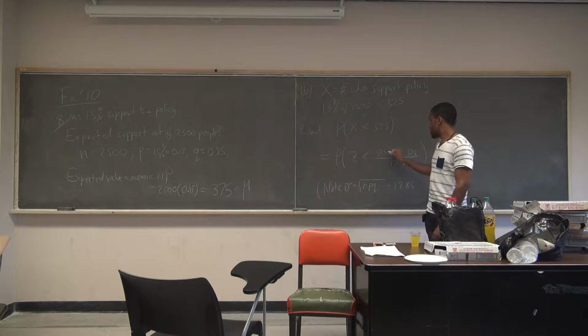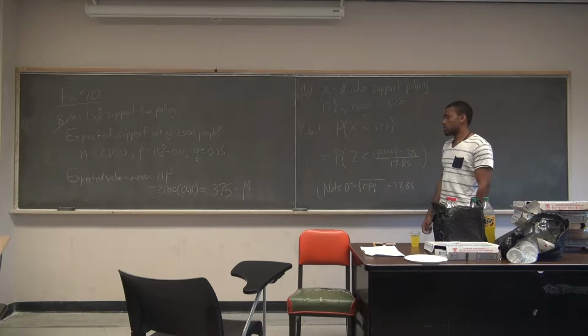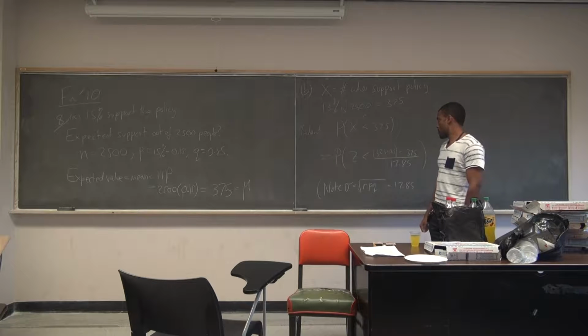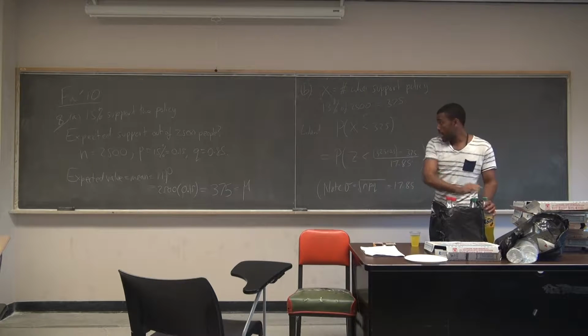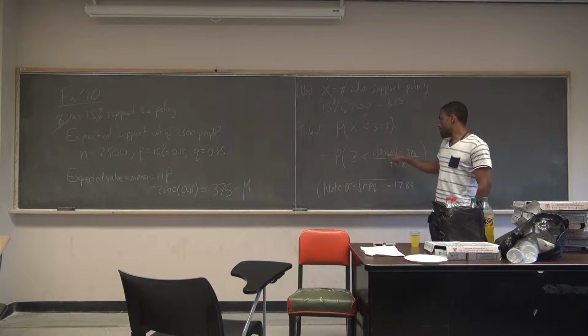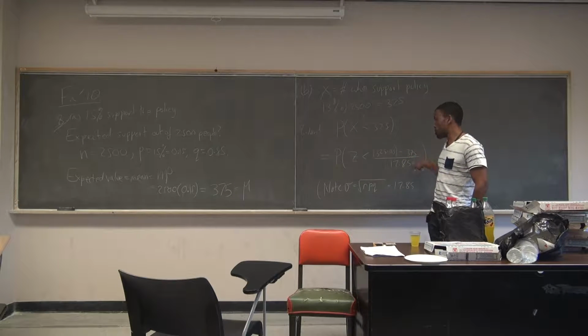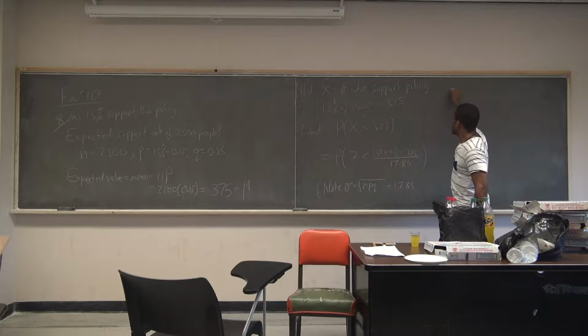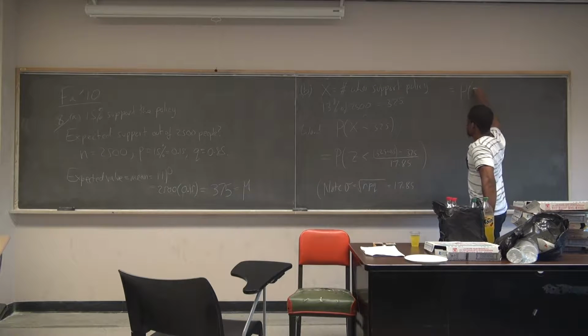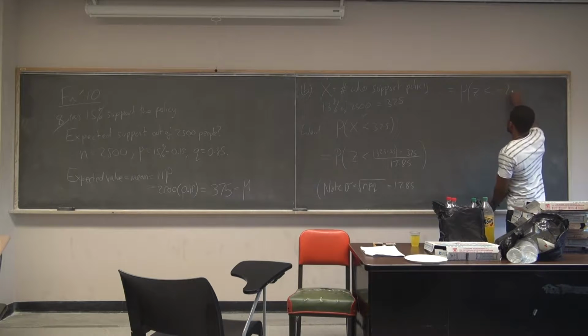It's less than 325. For now, just remember that we add a half here. So I take 325.5 minus 375 over 17.85. That's negative 2.83.